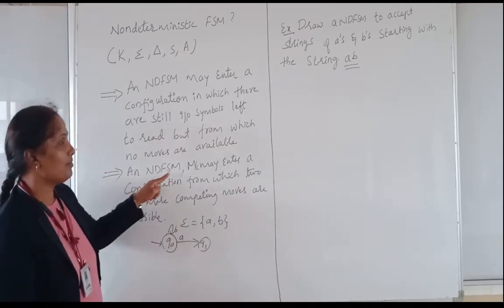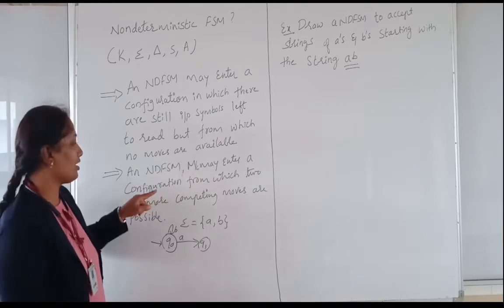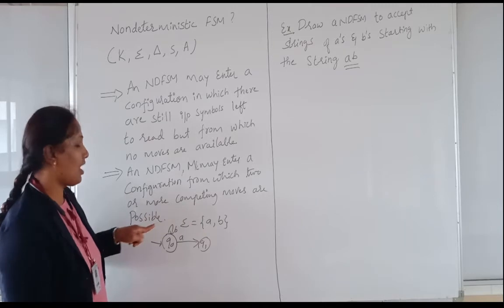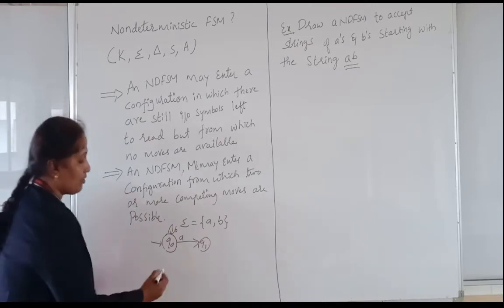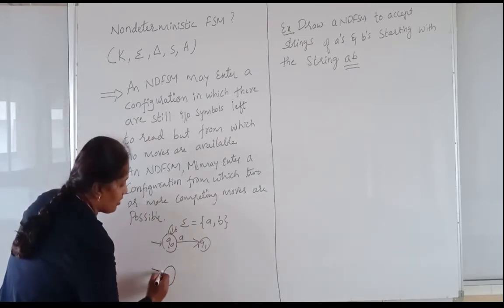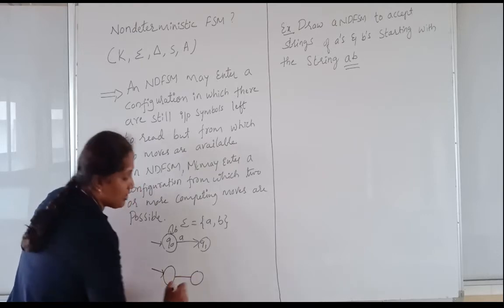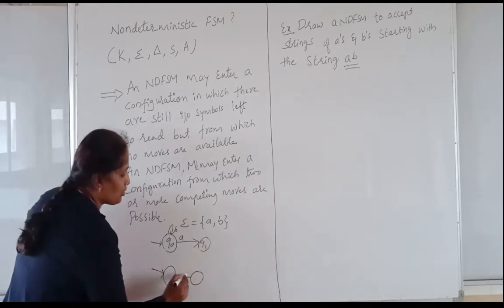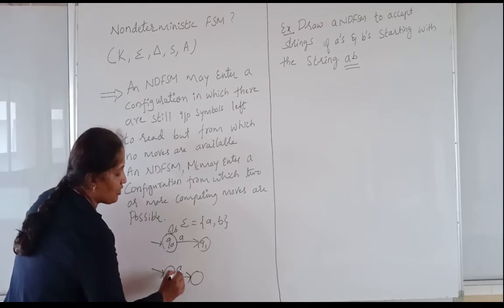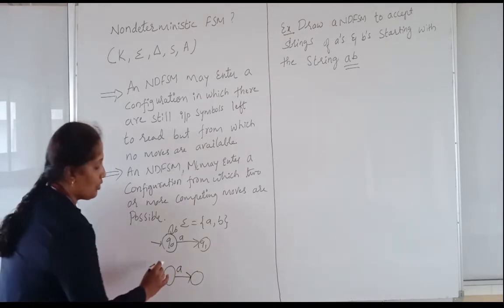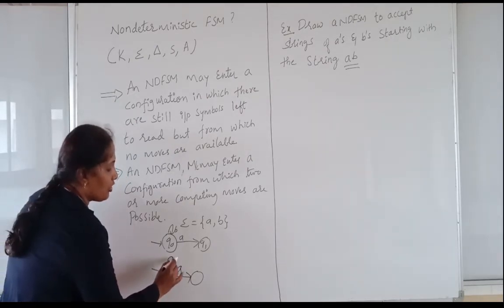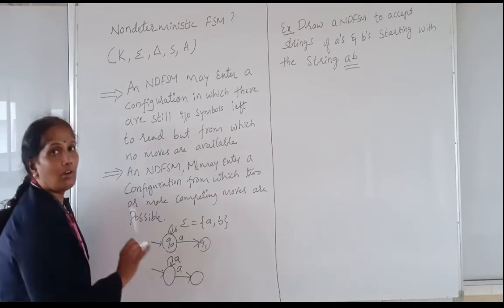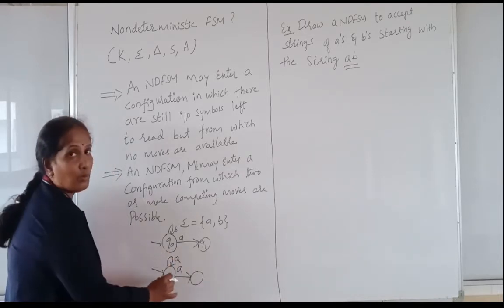What is the second difference? An NDFSM may enter a configuration from which two or more computing moves are possible. In the DFSM, as it is deterministic in nature, you have to show compulsorily one transition from each state. The machine can't move to 2 states for the same input symbol.